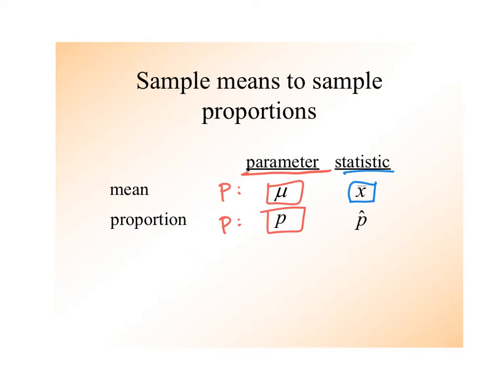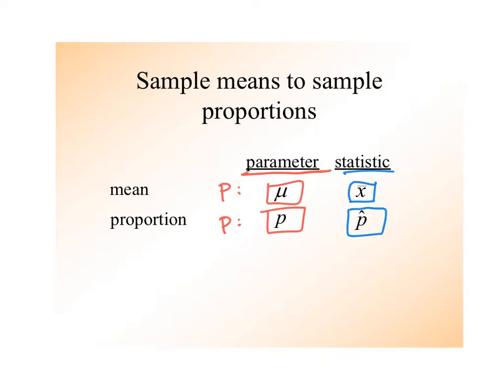Remember the Reese's experiment? We checked to see what's the proportion of orange in a Reese's bag, and the Reese's company wanted that proportion to be 0.5, right? But everybody in the class got different cups, different samples, and so each person had a different p-hat. Each person had a different proportion of orange.